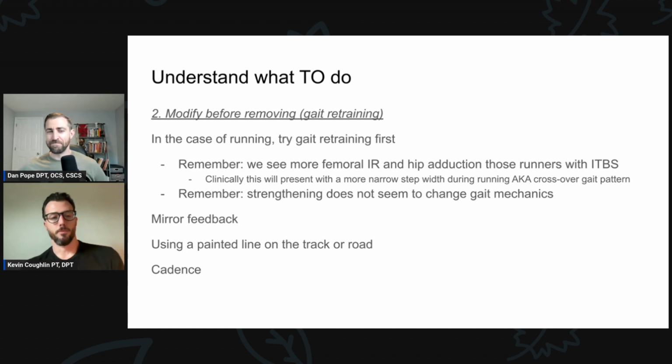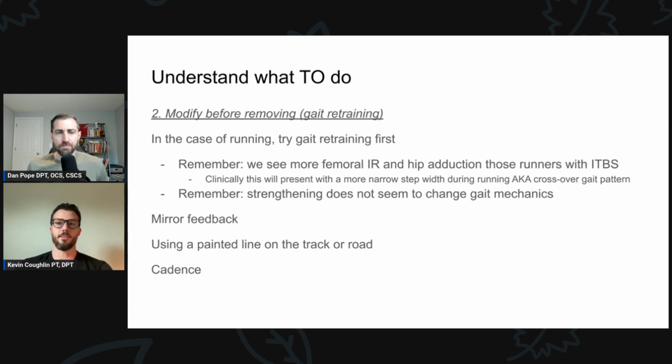Awesome. So, depending on where that person is, the second thing I would try to think about is, can we modify before we remove? If the person is dealing with an acceptable amount of pain with running, what I would say is, kind of what I was just saying, if it's a stable pain that they're getting with running and it's really not bleeding into their other daily activities, it's not causing them to change their running mechanics because of the pain, they're probably safe to run.